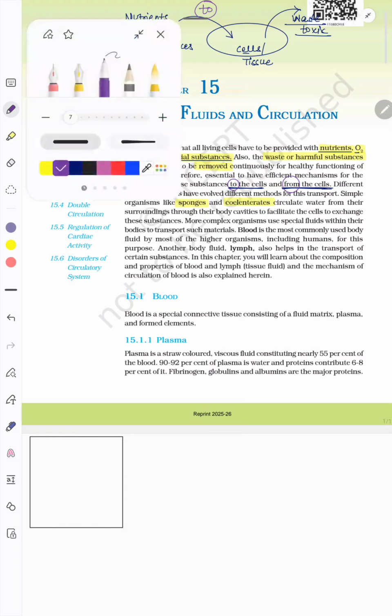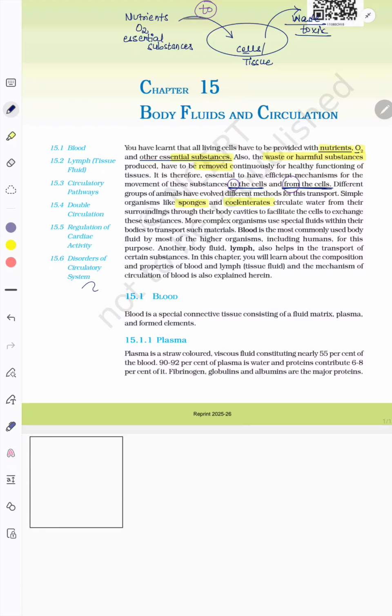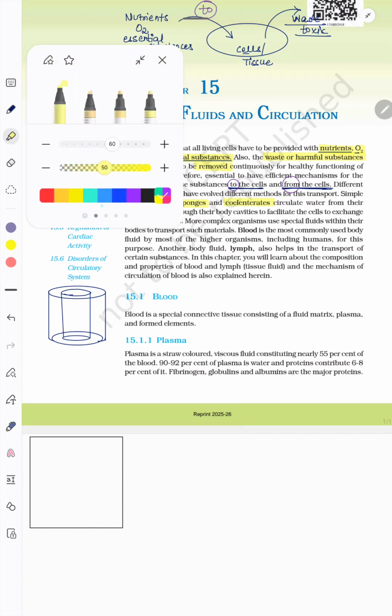So basically what happens, these sponges or these coelenterates, these organisms have a body cavity. So this is the body. Excuse my diagrams. So this is how, and this is the body cavity. The inside cylinder is the body cavity.